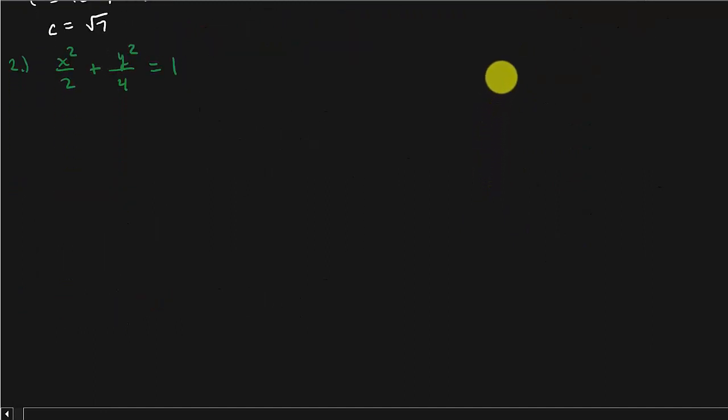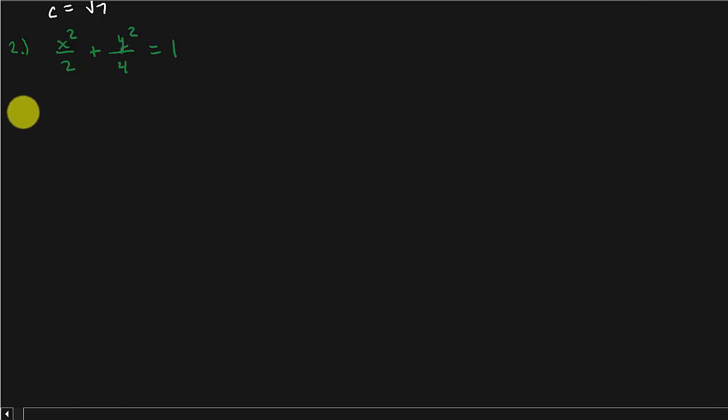All right, so let's look at this one. All right, so we've got x squared over 2 plus y squared over 4 equals 1. This is already in the form we want it in. Now, which way is the major axis? Is it horizontal or is it vertical? Well, it's vertical, right? Say the larger number is under y squared.